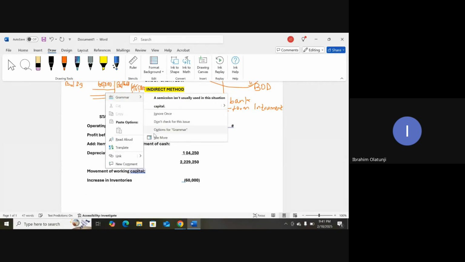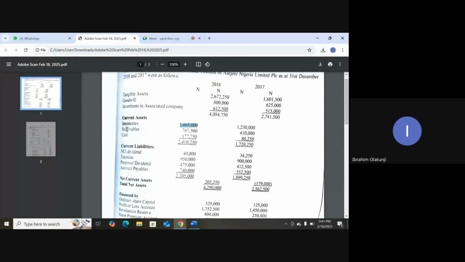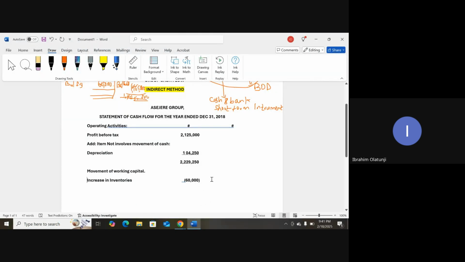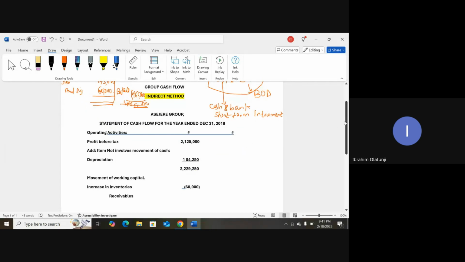Then we can now move to another one, which is the receivables. You do the same thing to receivable as well.